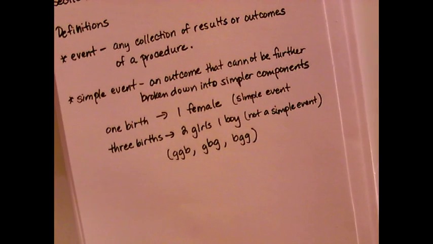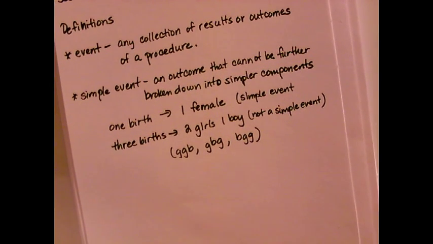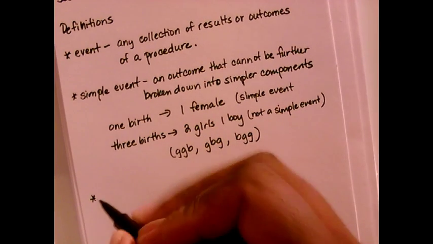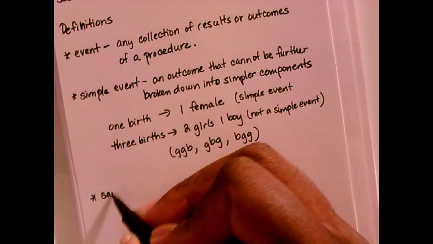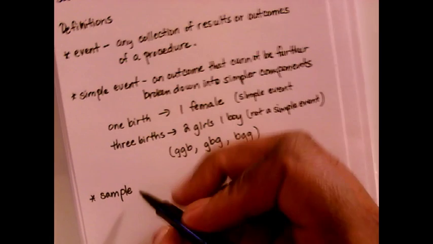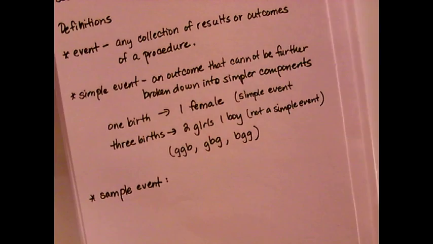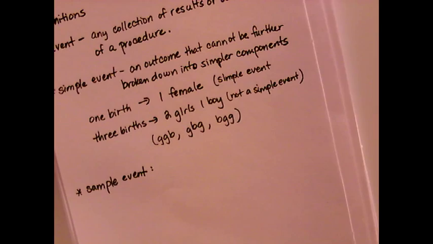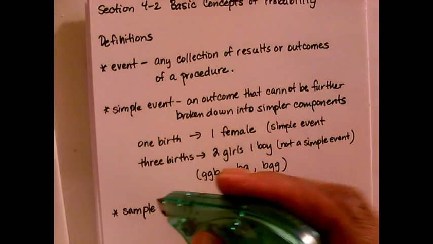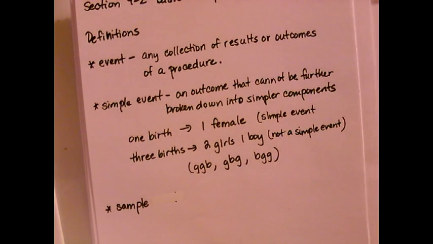Okay. And then the next definition is a sample space. Okay. Every event, like tossing a fair coin or rolling a fair die, would have a sample space.